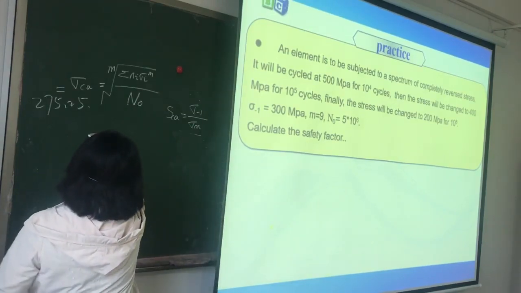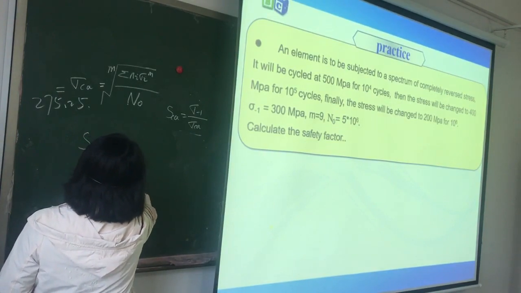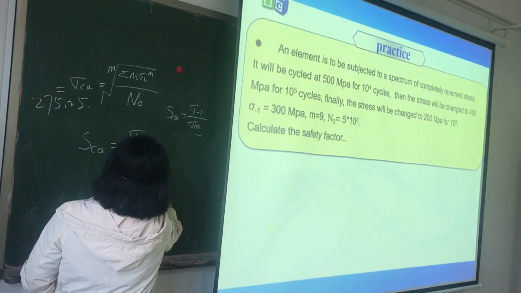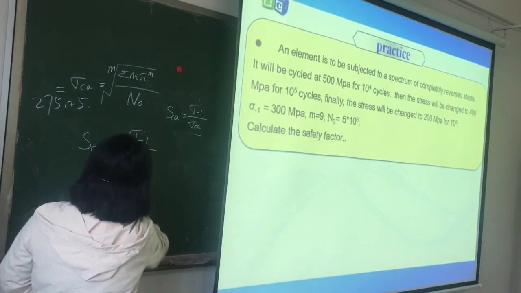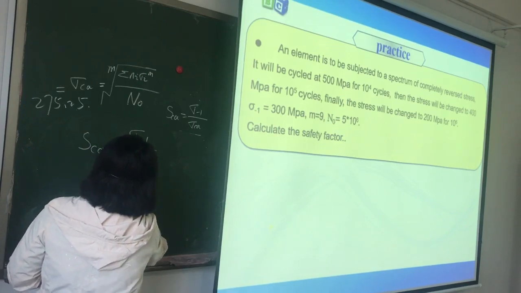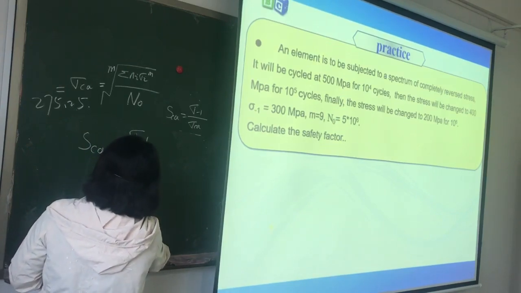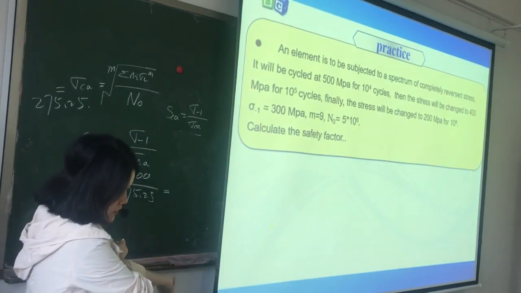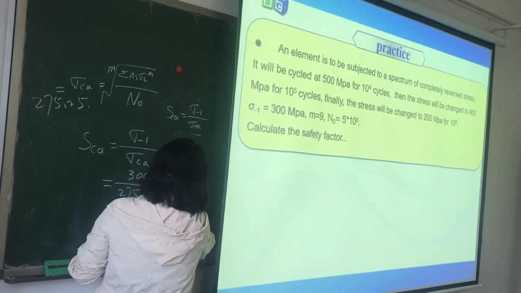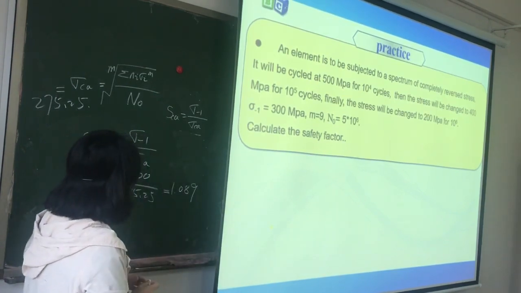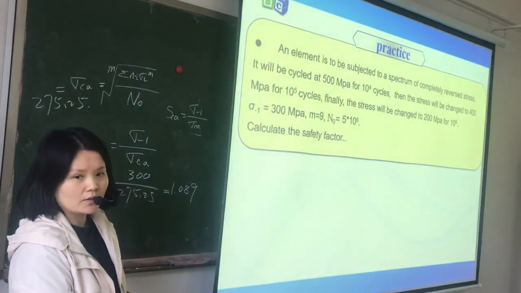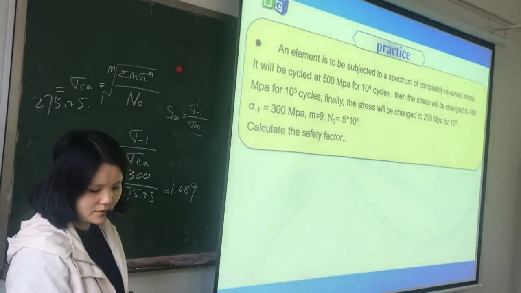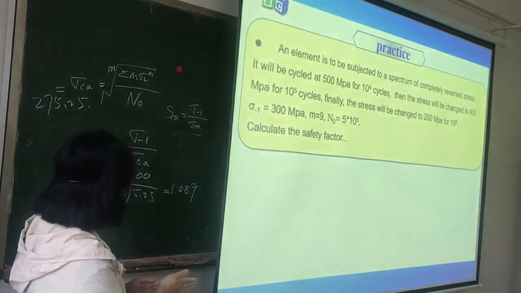The safety factor SCA equals sigma minus 1 divided by sigma CA, and sigma minus 1 is 300, and sigma CA is this. Calculating the safety factor gives 1.089. Okay, so we calculate the safety factor.